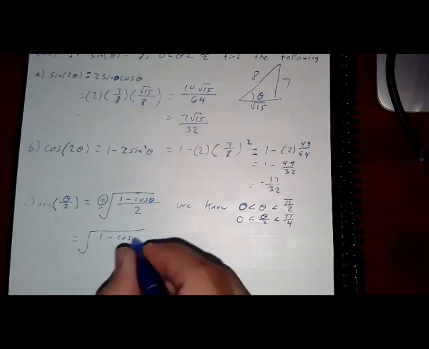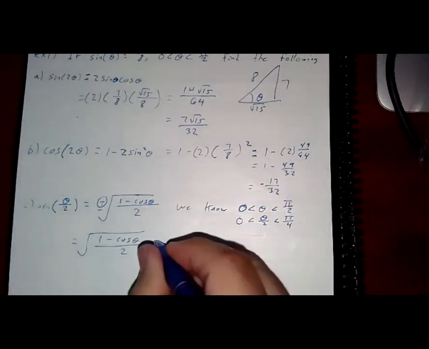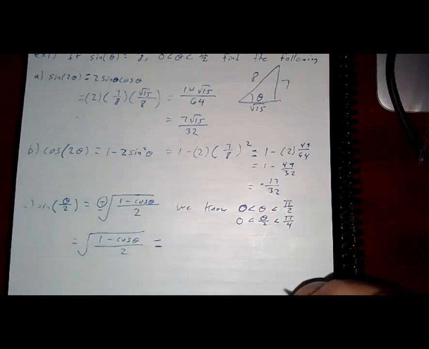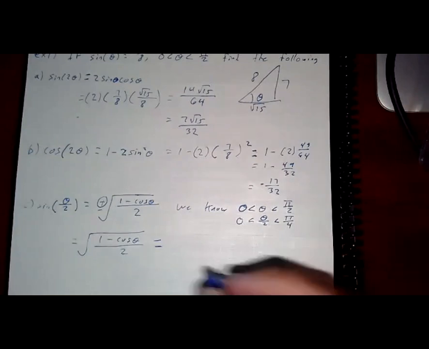1 minus cosine theta over 2. We found cosine to be, right, root 15 over 8.